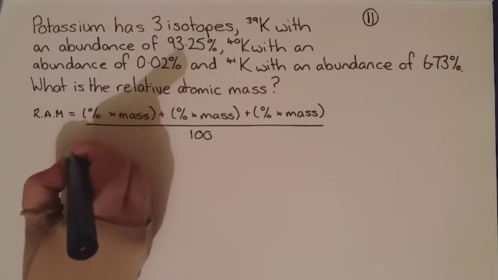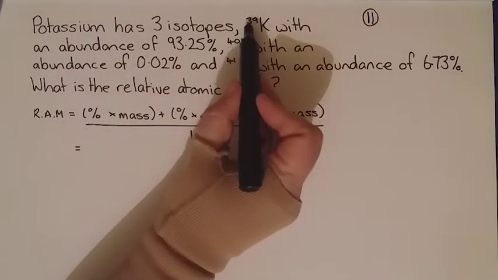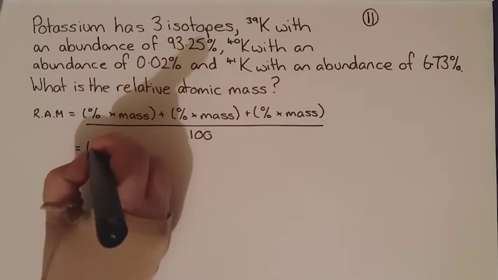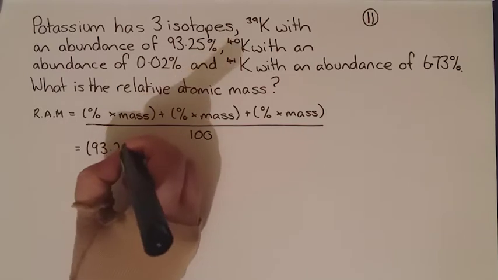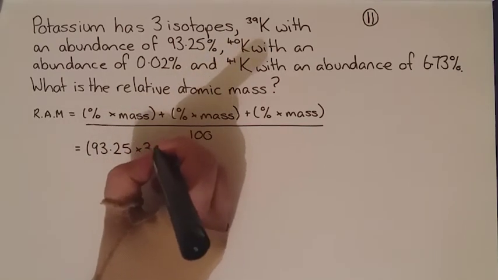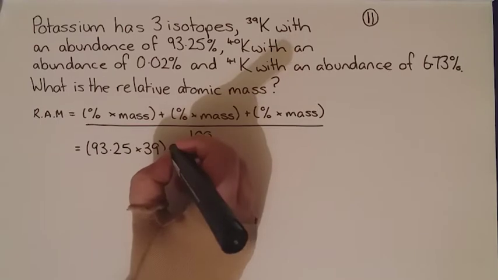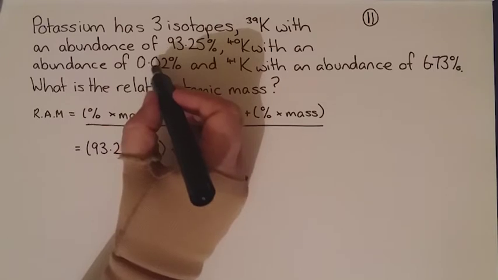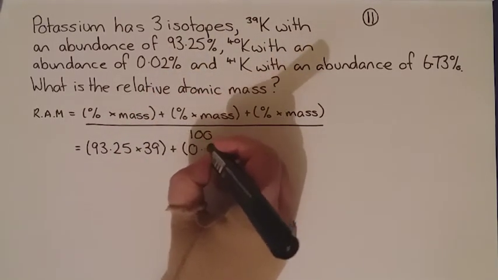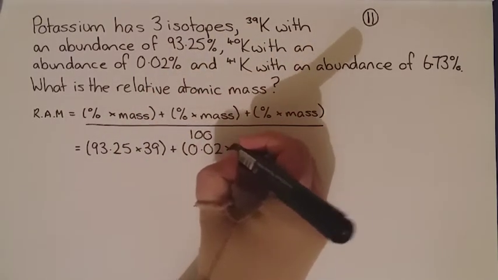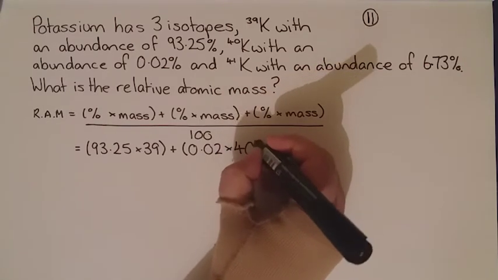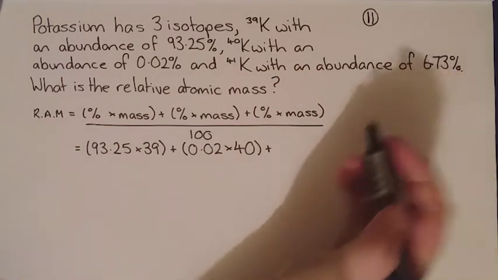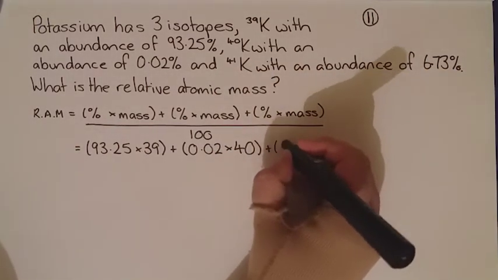So in this case, we've got potassium 39 at 93.25%. 93.25 times by 39, added to potassium 40 with abundance of 0.02, and finally potassium 41 with an abundance of 6.73.